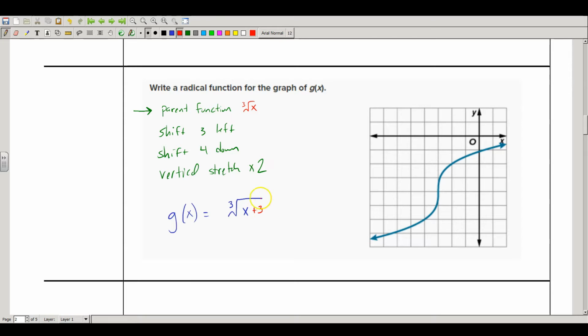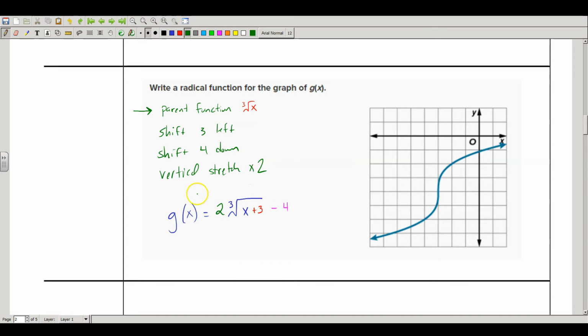That would be a shift left 3. It goes down 4, so I know that at the end here we're going to say minus 4. It's like your k value. And then the a value, the stretch value, is times 2, so this a value here is going to be times 2.